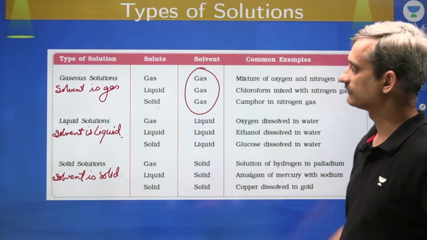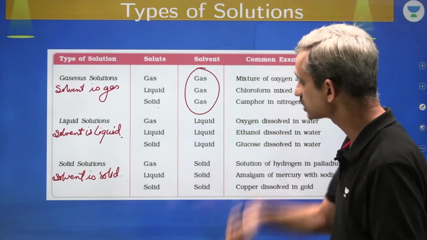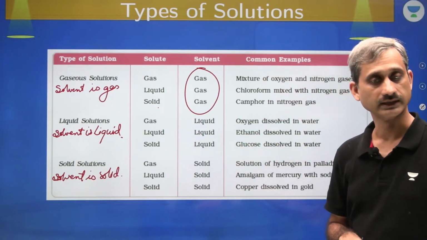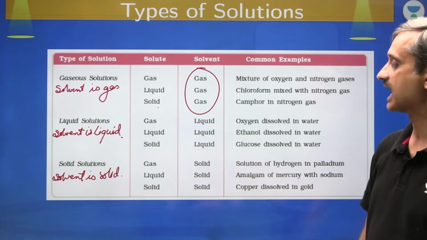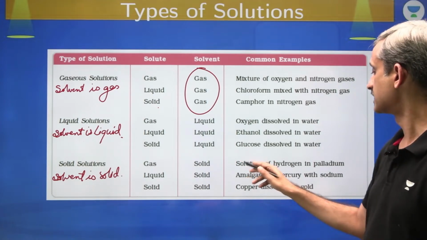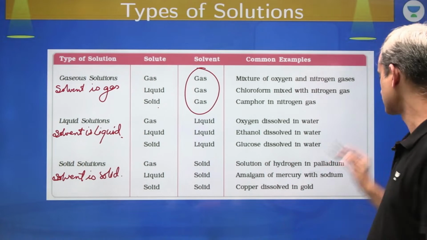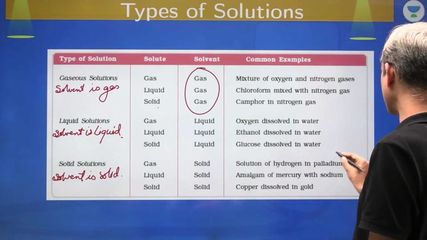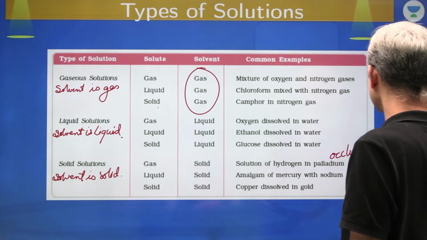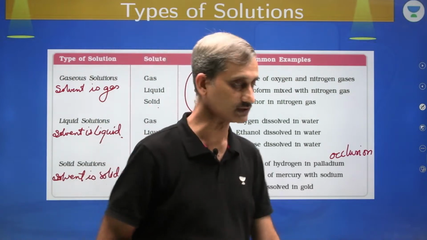In the same manner, if we have a liquid solution, whether we mix a gas, a liquid, or a solid, then liquid is the solvent. When we have a solid solution, that is, the final solution state is solid, then it is the solution of hydrogen and palladium, that is the catalysis, isn't it? This solution of hydrogen and palladium is termed as occlusion. This is what we term as occlusion.